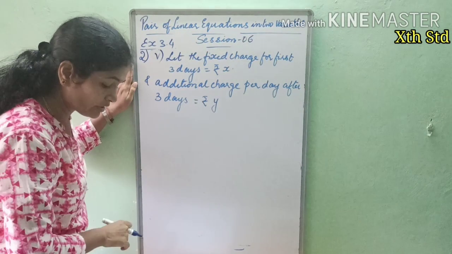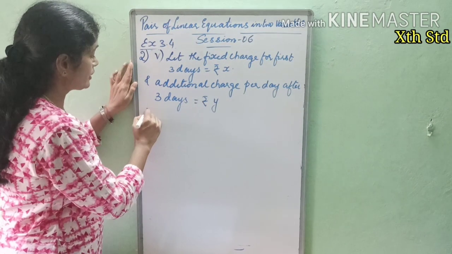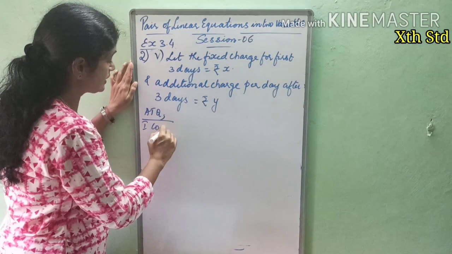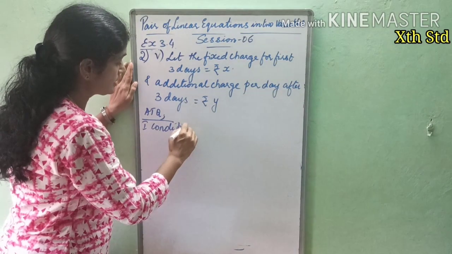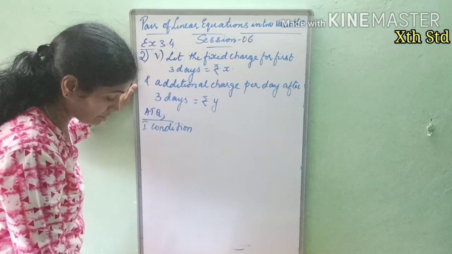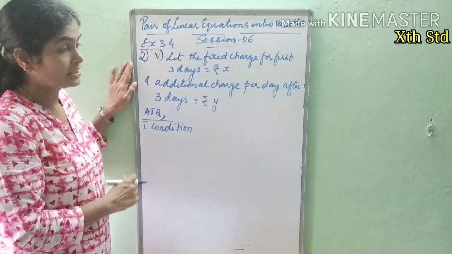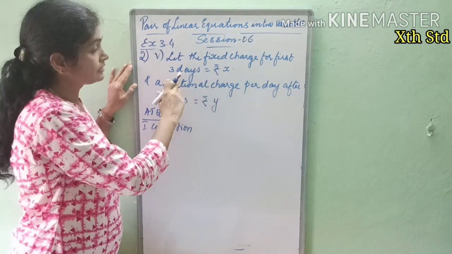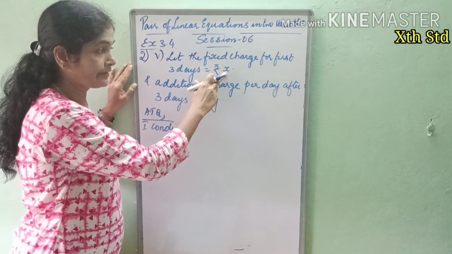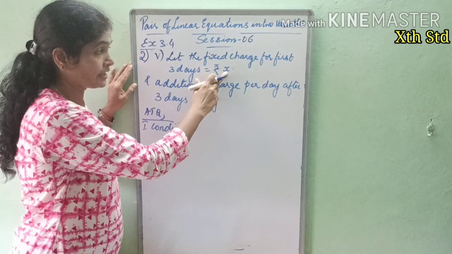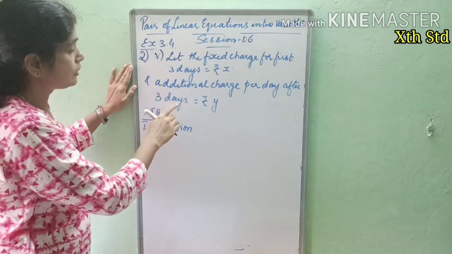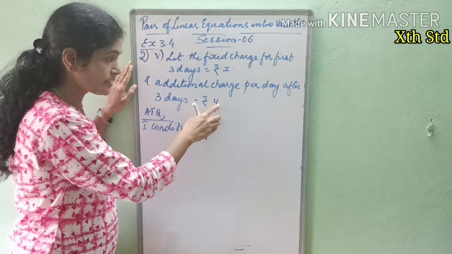Right. Now what is the first condition? According to the question, Sarita pays rupees 27. She has kept the book for 7 days. So first 3 days she will pay x rupees. The remaining days are 4. For 1 day she is paying y rupees.